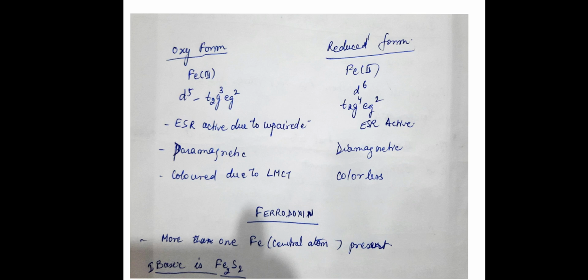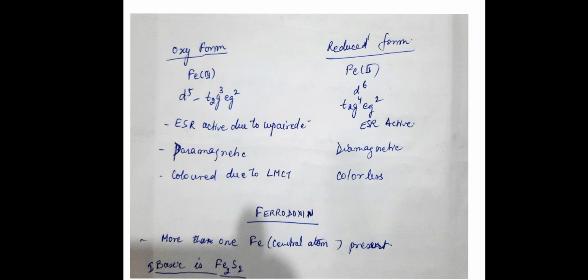Here in the oxy form ESR is active, so it is paramagnetic due to the one unpaired electron, and it is colored due to ligand to metal charge transfer. This unpaired electron is transferred from the ligand orbital to the upper vacant orbital and comes back again. So this is LMCT, and this LMCT gives the red color to the oxy form.